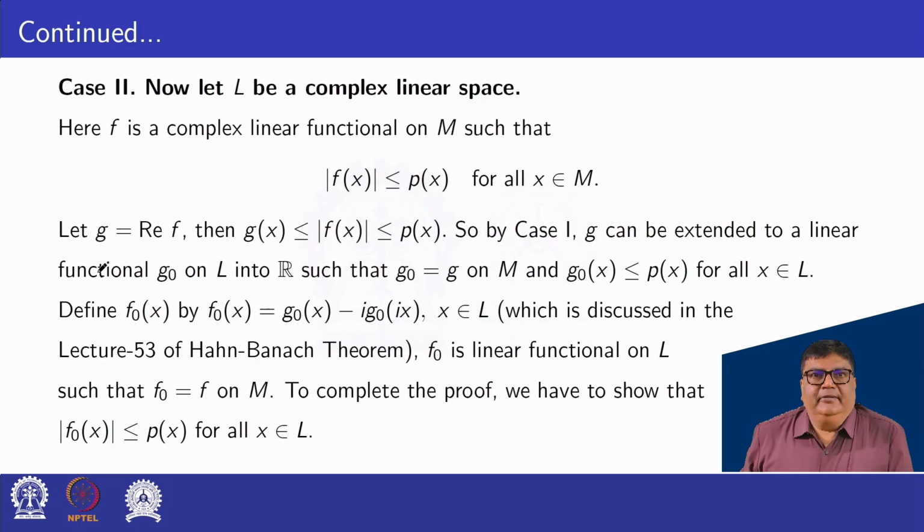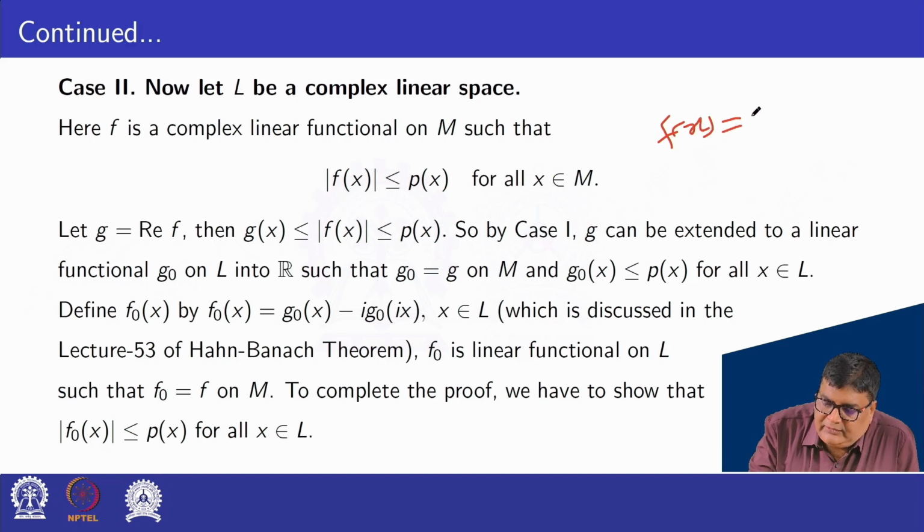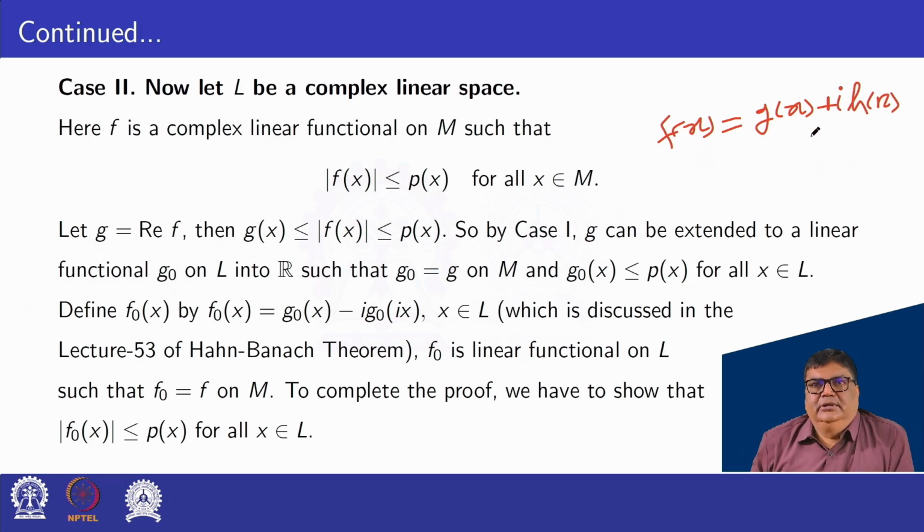Okay, here f is a complex linear functional. Okay, so f of x can be written as g of x plus i h of x, so g of x is the real part of f of x and h of x is the imaginary part of f of x.